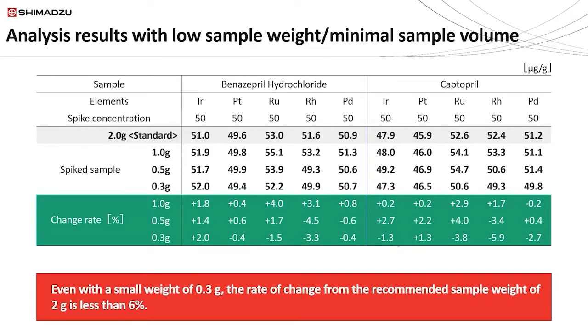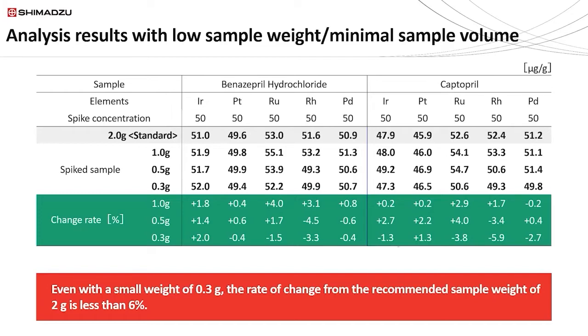This is what I call a robustness criteria. What this is, is calculating the rate of change as a function of sample weight or sample volume. Nominally, 2 grams is the standard sample volume that's put in the cup.